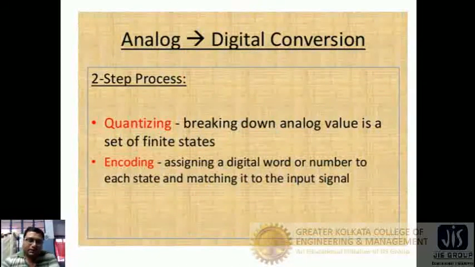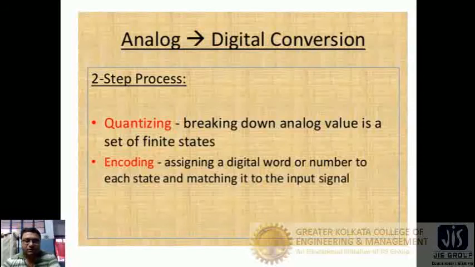So we have seen an animation of the aliasing effects. Now in the conversion process from analog to digital, there are two more steps also. First is quantization, or quantizing, and encoding.